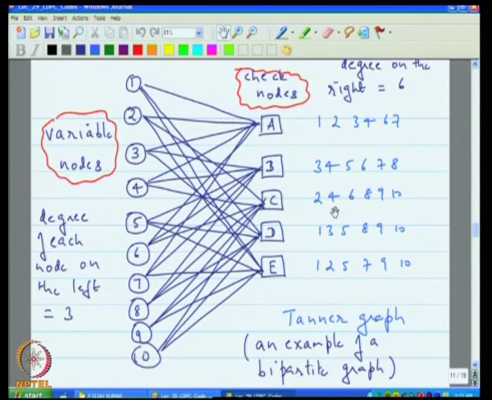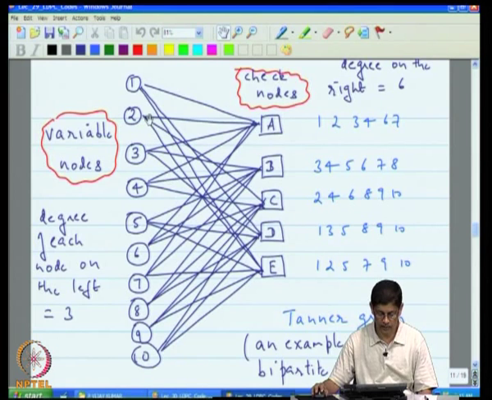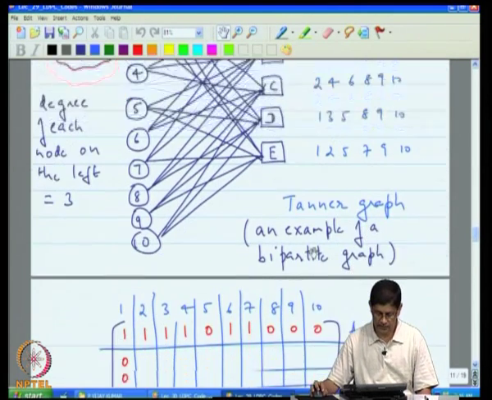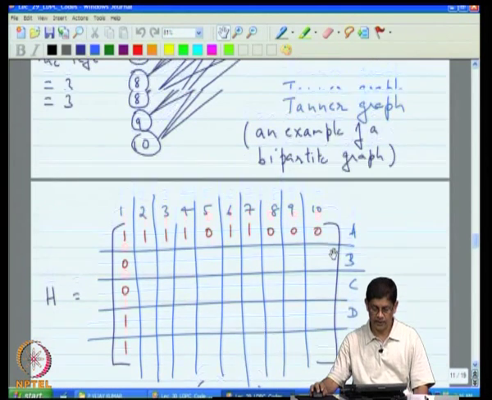LDPC codes are typically visualized and people work with them from a graphical perspective, and what that graphical perspective does is that it puts one node for each code symbol on the left, one node for each parity check on the right, and makes appropriate connections. So for example, in this particular code the code length is 10, there are 5 parity check symbols, so that the parity check matrix of the code is of size 5 by 10.